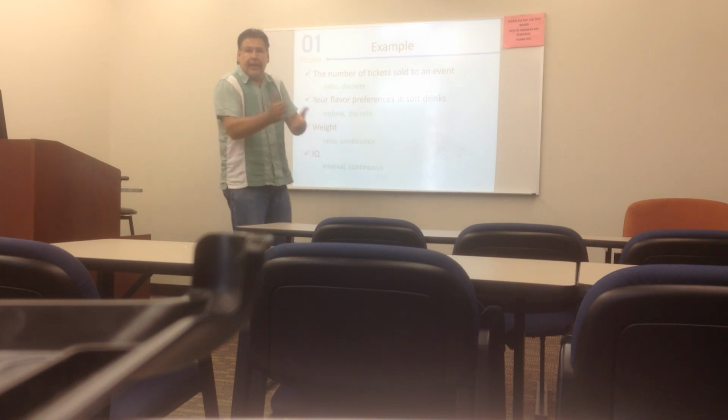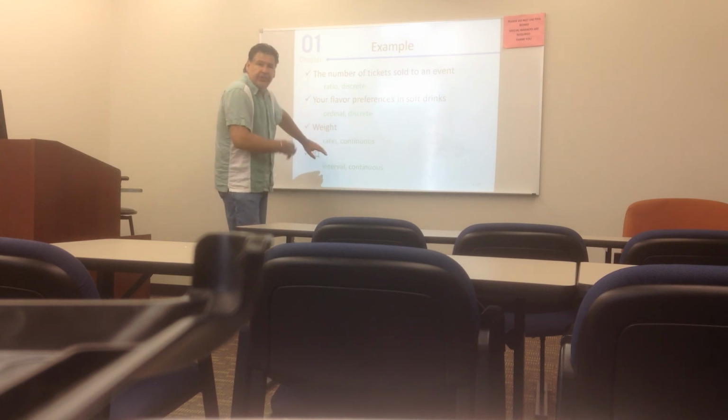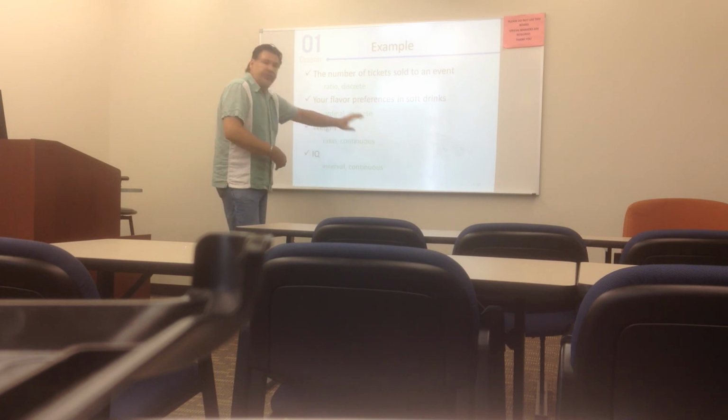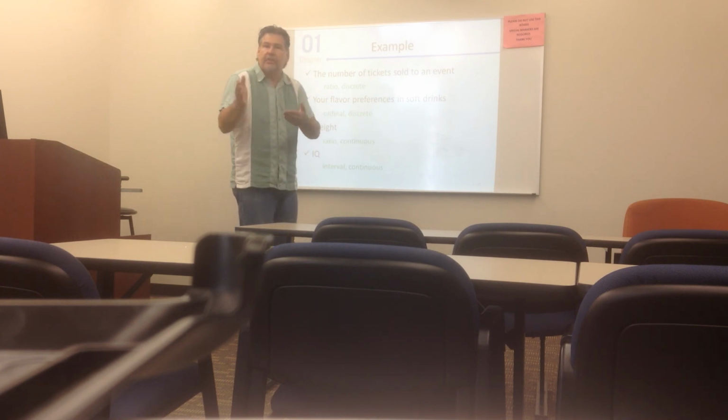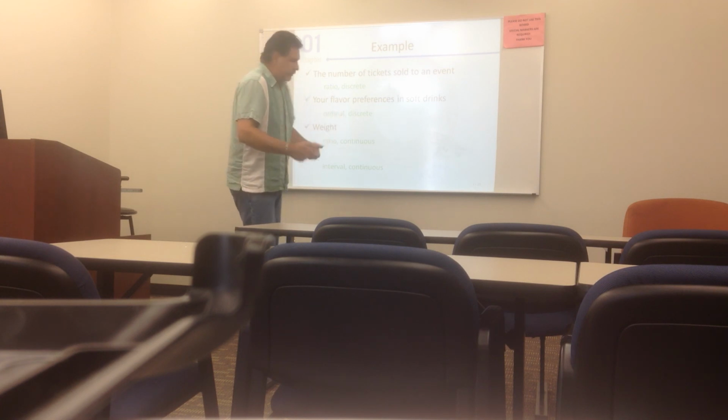Weight. I can't weigh negative pounds, so I have an absolute zero there. So I have a ratio scale of measurement with continuous data because I can chop those levels of weight up into fractions. I could weigh 242.5 pounds.